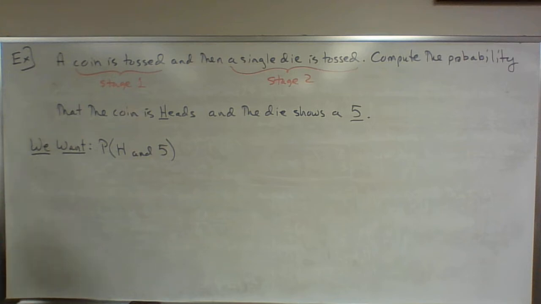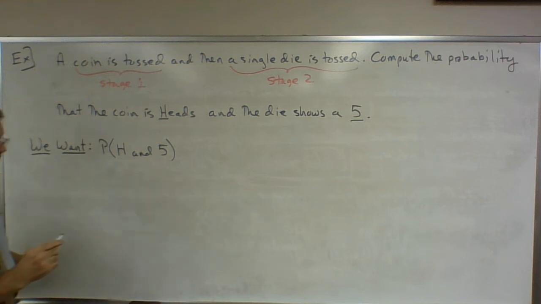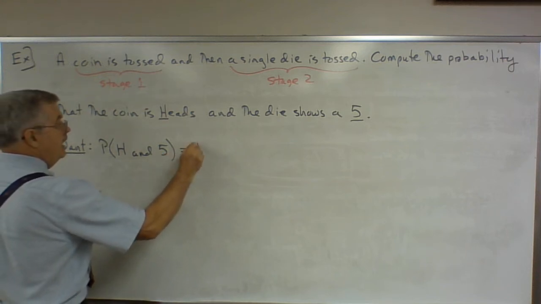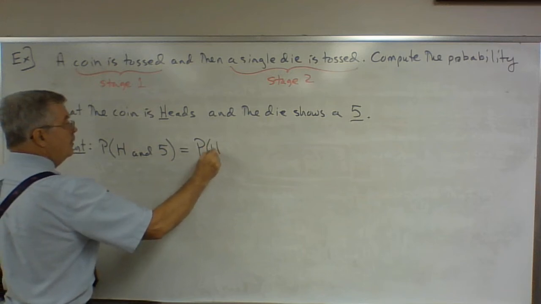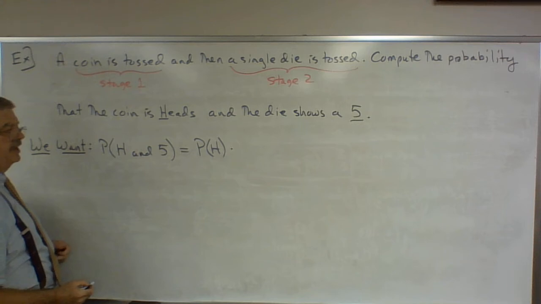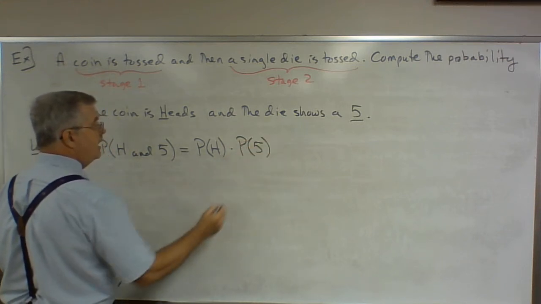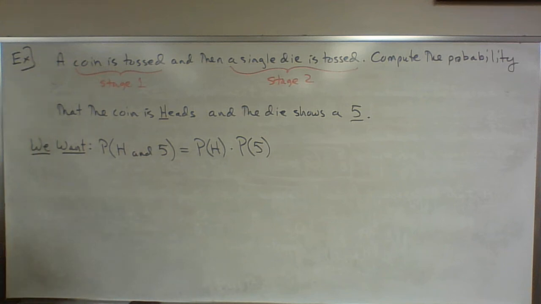This is a two-stage experiment. This is an outcome of the first stage. This is an outcome of the second stage. And according to our formula, we're going to get the probability of heads occurring in the first stage and the probability of getting a 5 in the second stage.